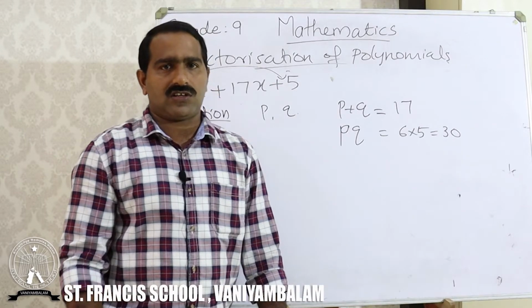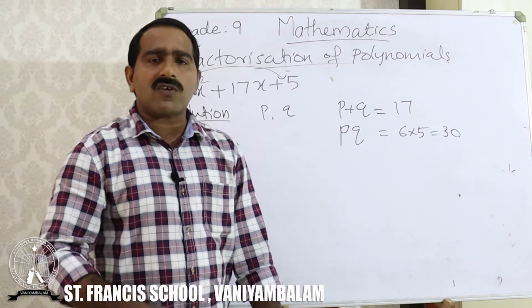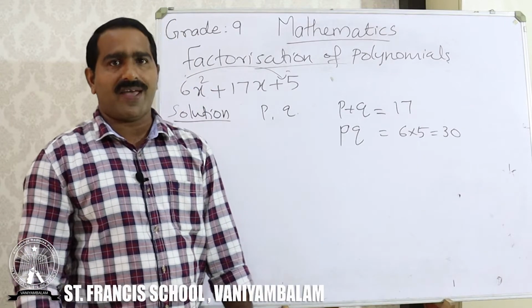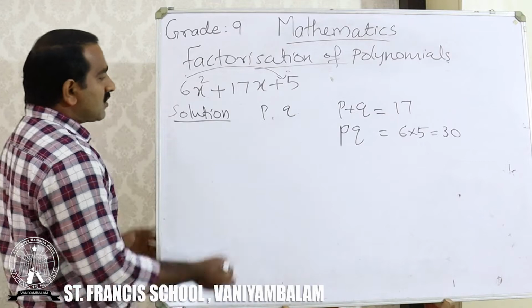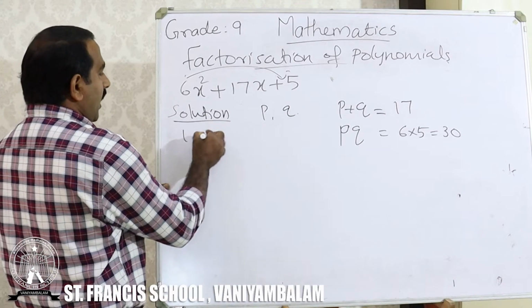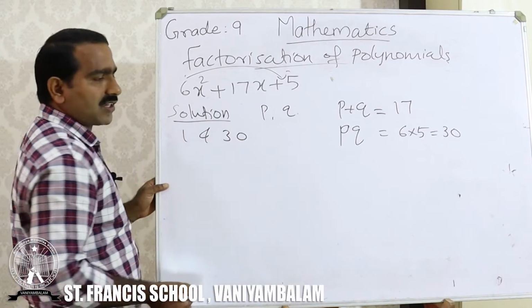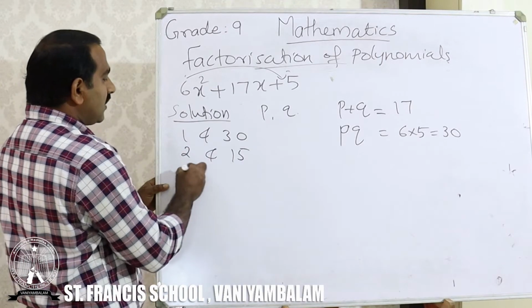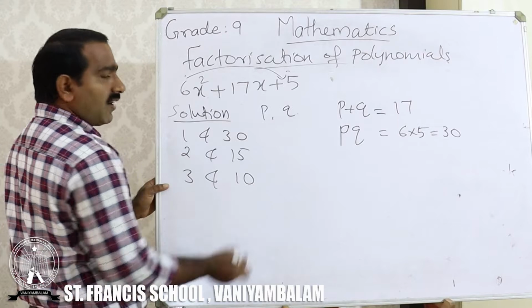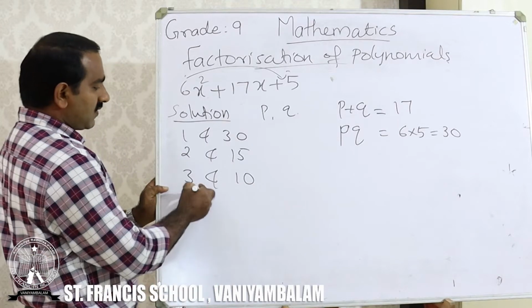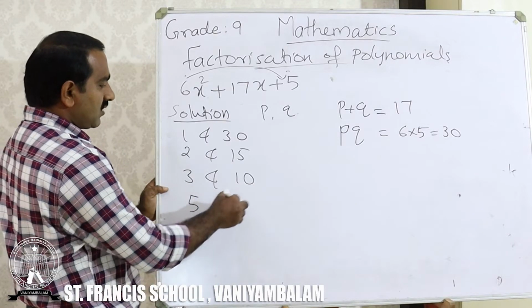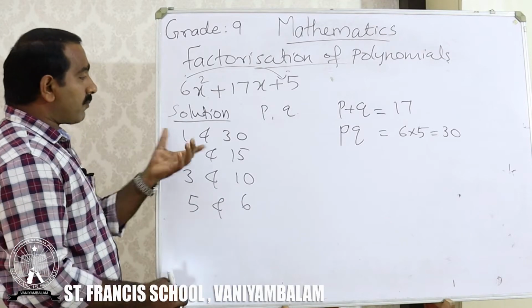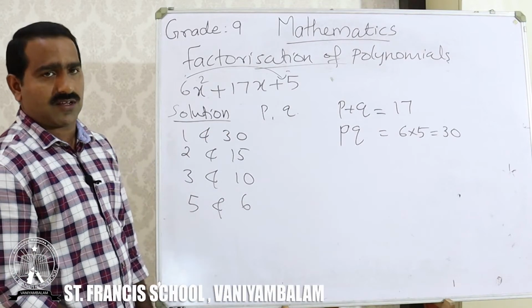So let us look for the pairs of factors of 30. Some of them are 1 and 30, 2 and 15, 3 and 10, and the next one is 5 and 6. These are pairs of factors of 30.